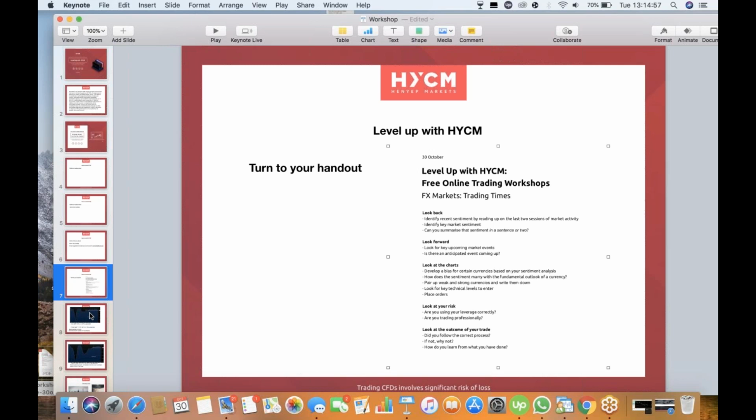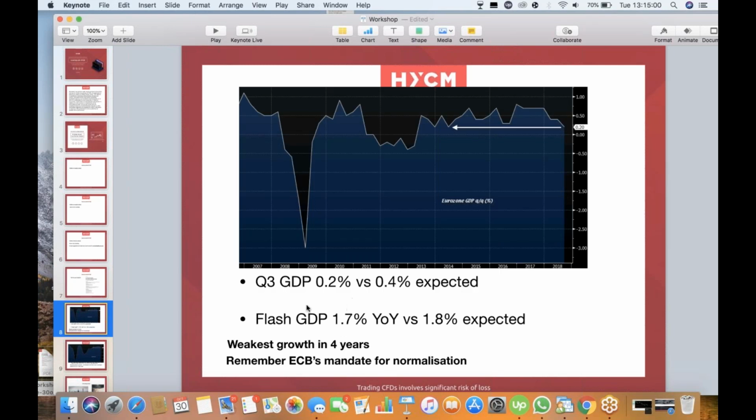This morning, the third quarter GDP came out for the Eurozone at 0.2% versus 0.4% that was expected. That was a weak reading, and it's approaching the lows of 2014 for the Eurozone. So this is the weakest growth in 4 years.